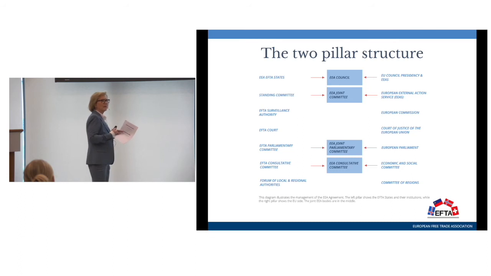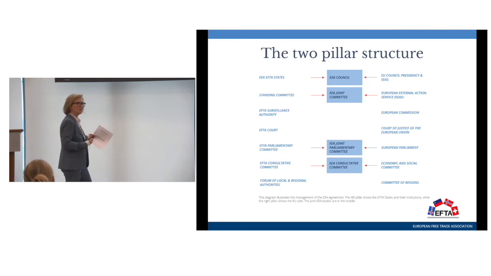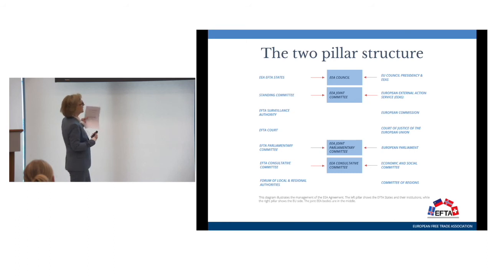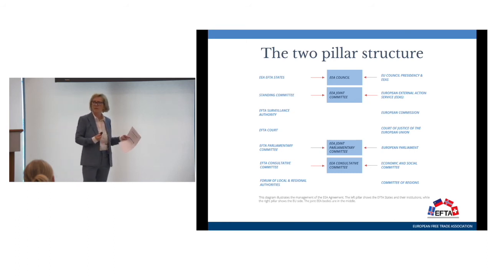But then we also have institutions to make sure that we have this homogeneous internal market, the homogeneous EEA, that the rules are enforced and applied in the same way. That is why we have set up the EFTA Surveillance Authority. They make sure that our member states implement their EEA obligations and that rules are enforced and interpreted as they should be.